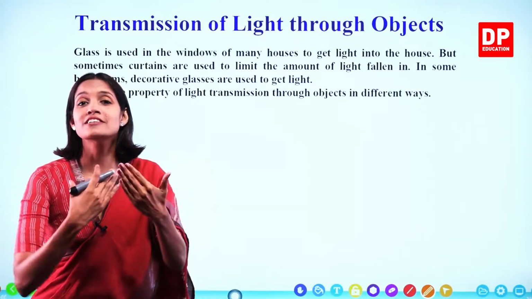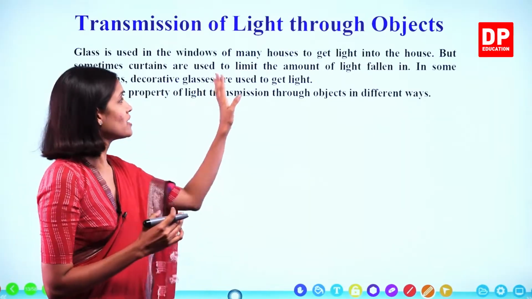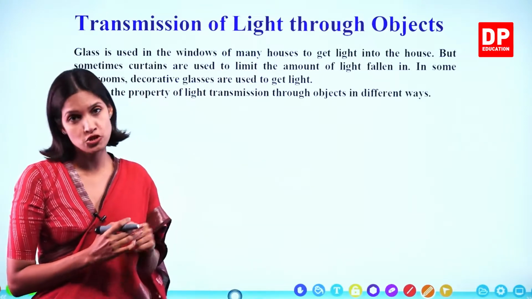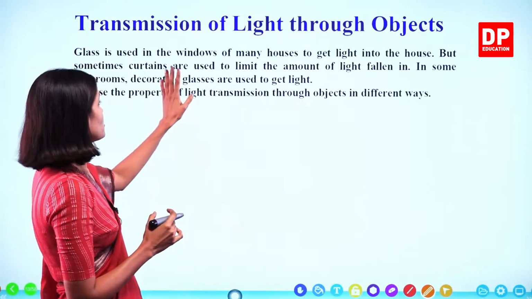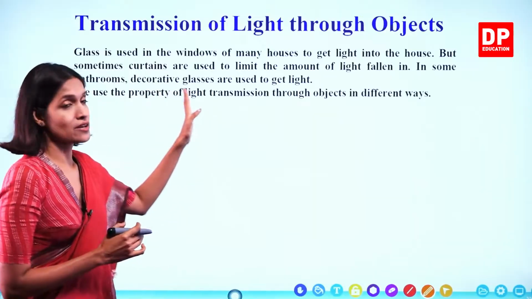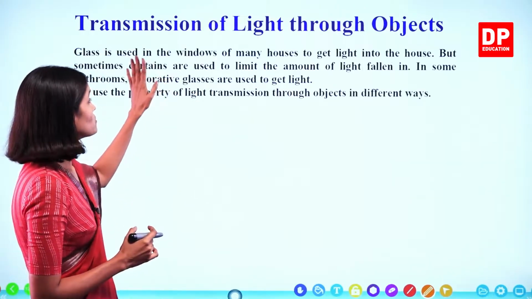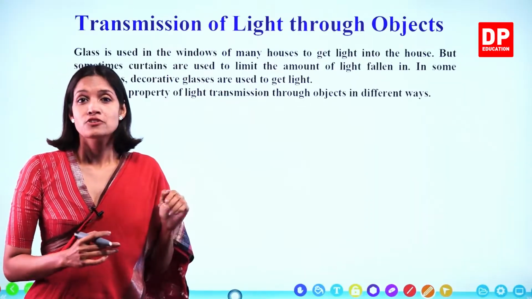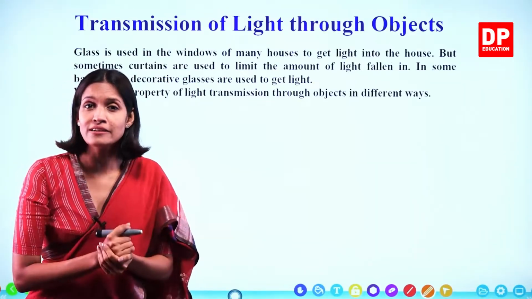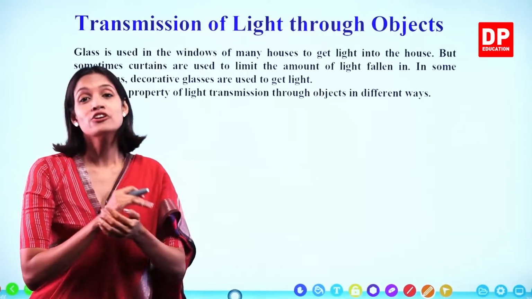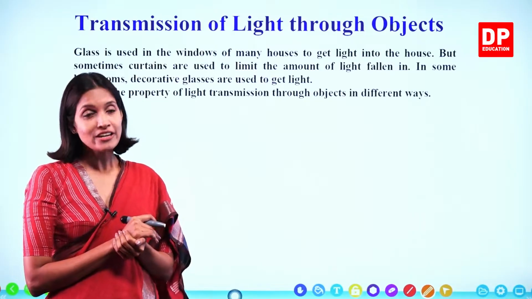Therefore, the glass is not see-through. Sometimes you can use frosted glasses too, right? So in the bathroom, sometimes we use decorative glasses or frosted glasses in order to get light. In that case, we will get light, but the glass is not see-through as well, right?